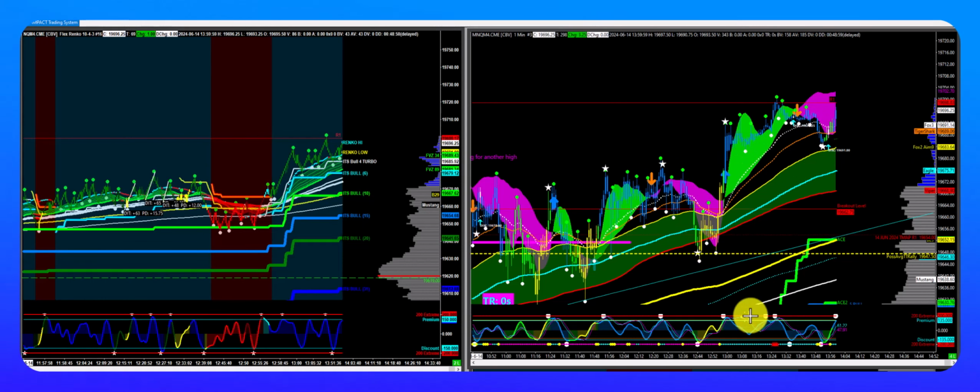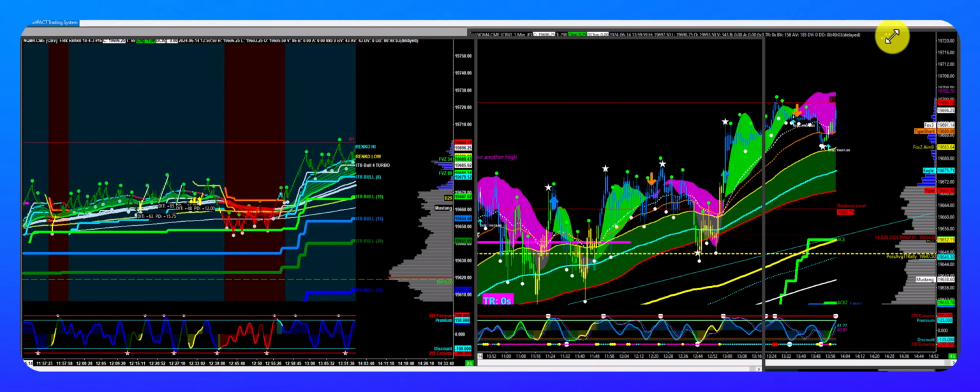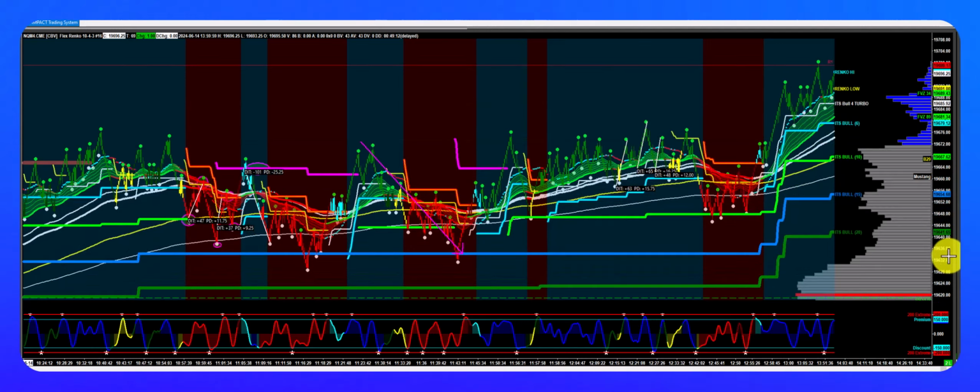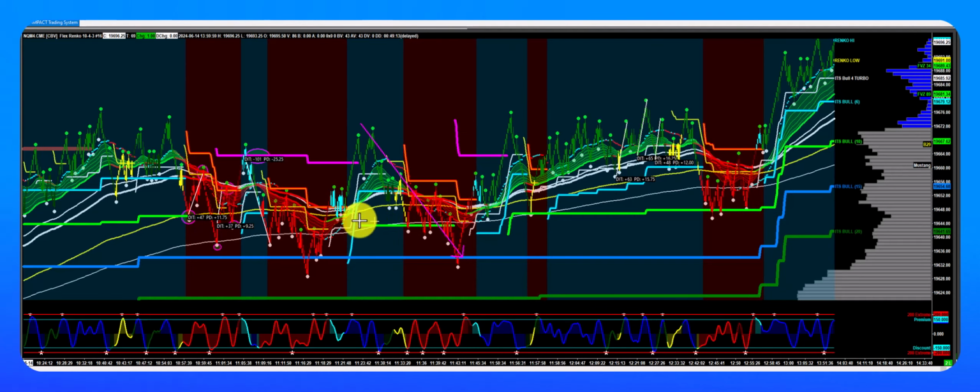When looking at the left-hand side here on Isnipe, obviously it's a lot of spaghetti on the wall. We need to learn to train our eyes to see the forest through the trees. Depending on the kind of day that we have, whether a low volume, low volatility type day, we may have to change our price targets for getting out.